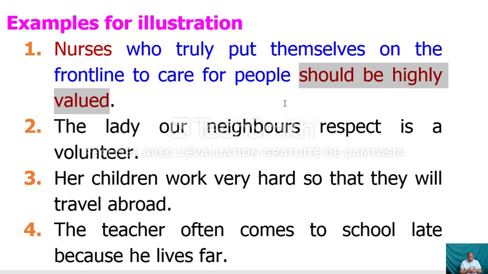We have nurses should be highly valued. This is independent. And the meaning is complete. The thought is complete. Nurses should be highly valued. But when we speak about who truly put themselves on the front line to care for people, it is dependent. It is subordinate. So this is the first sentence related to the adjective clause.